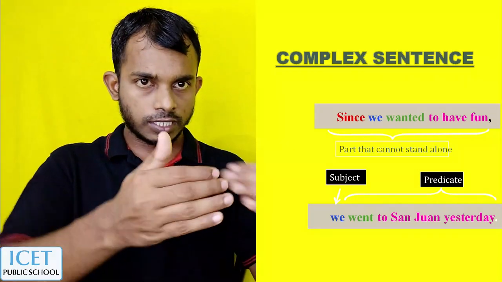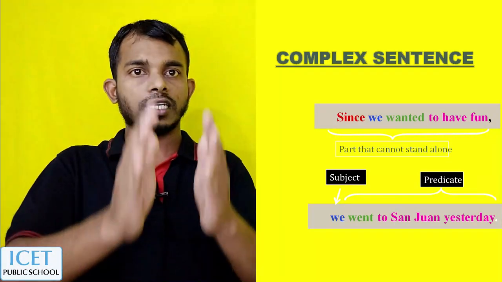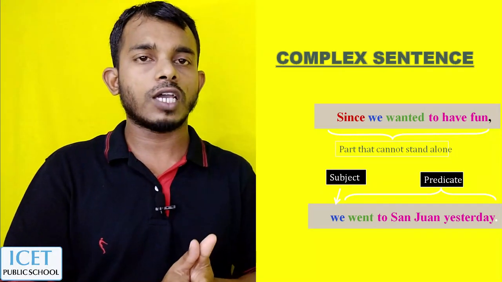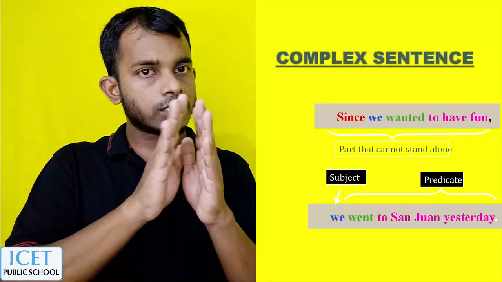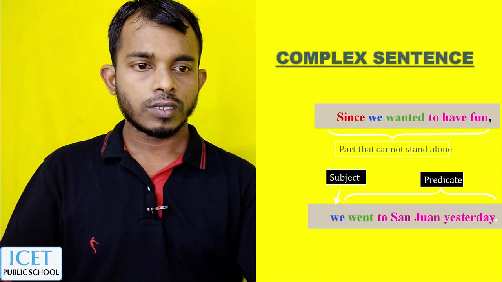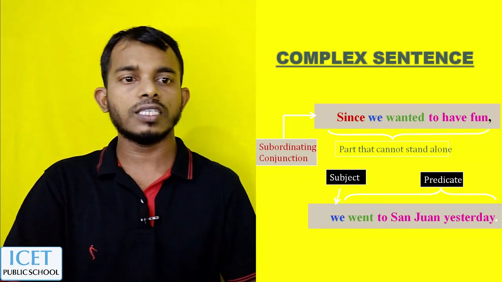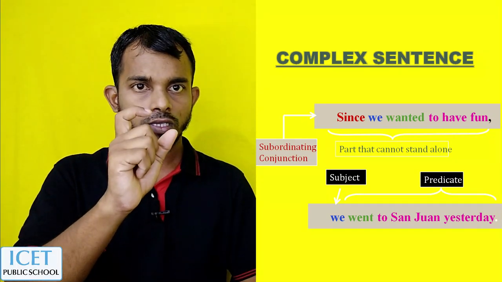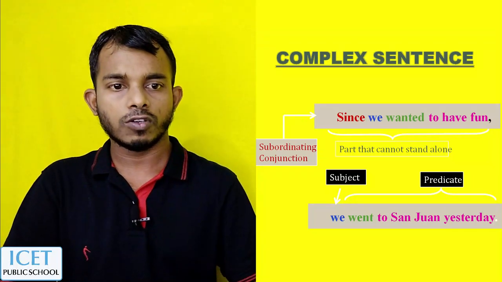But the second part, "we went to San Juan yesterday," is grammatically complete. It is a correct sentence. But with "since we wanted to have fun," we can't stop there because the sentence is incomplete. So the subordinating conjunction is what? "Since" is the subordinating conjunction. I will tell you the list. Okay.